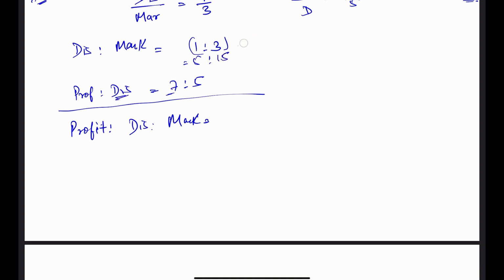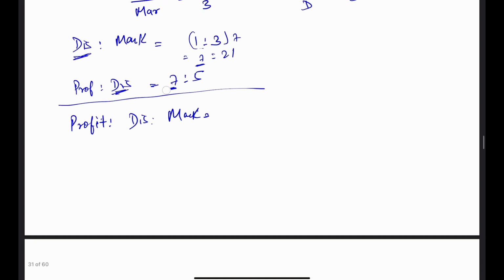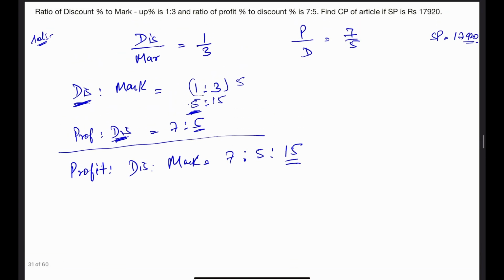No, I need to multiply by 7, so 7:21. No, I am doing the same mistake again and again. 5 only, 5:15. So my discount here is 5, the first one, and my discount second one is 5. So I can write over here 7:5:15. This will be my profit.